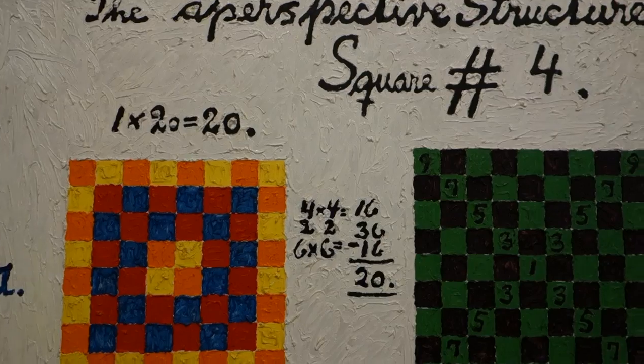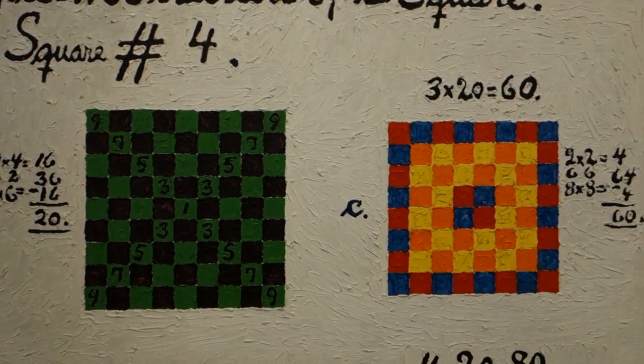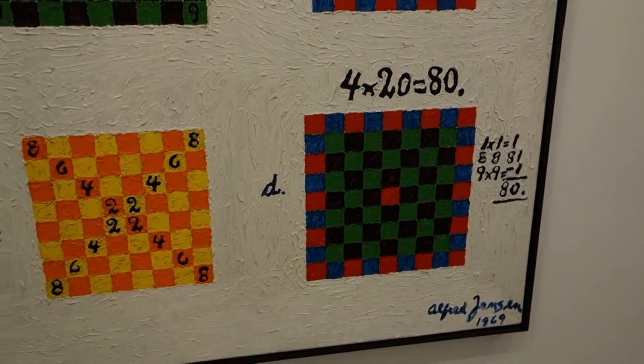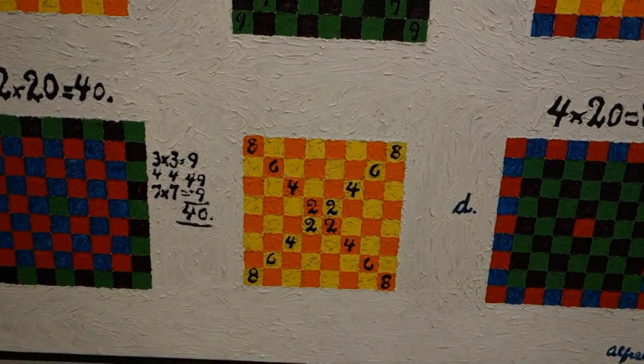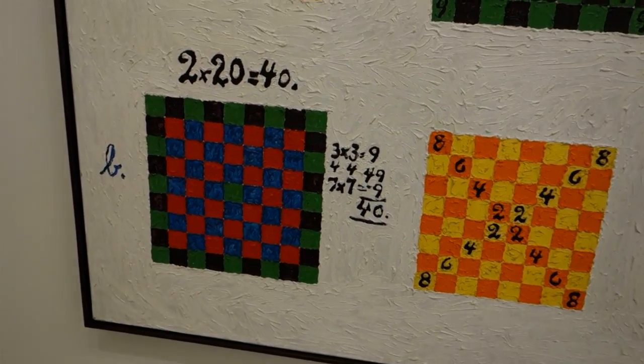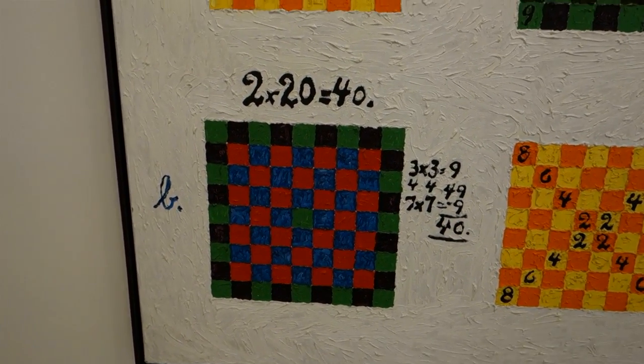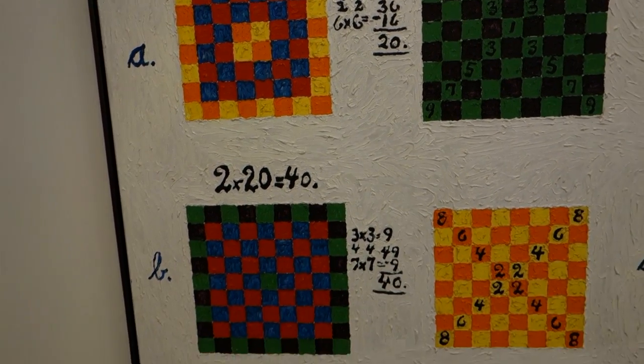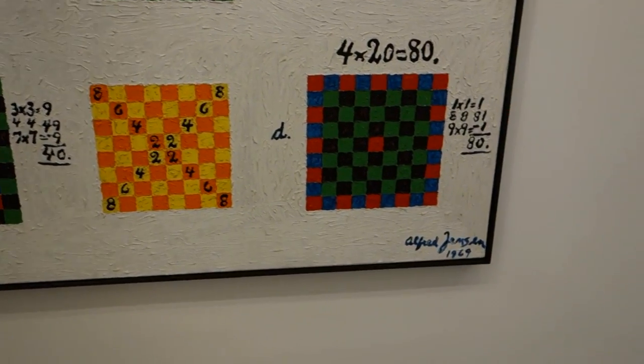This is one of my favorite artists. This is Alfred Jensen, and it's titled The Reciprocal Relation of Unity, 20, 40, 60, 80 Form in the Beginnings of the Vigesimal System, 1969. And it's 15 1/8 by 65 1/4.